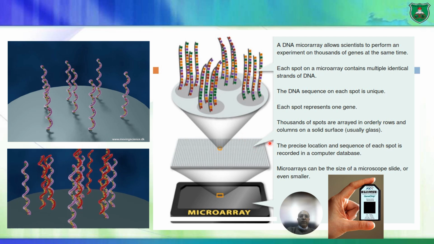And each one of them, I know what each spot is specific for, what each spot detects. And this is, by the way, the chip. That's how it looks. It's really as small as this right here. So this whole thing exists right here in this box.